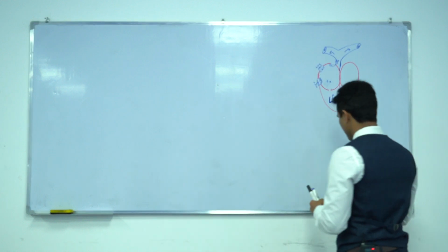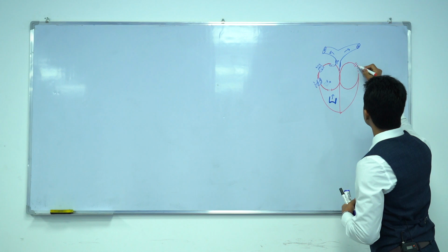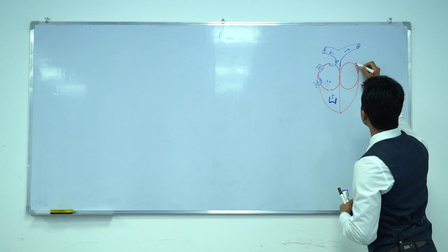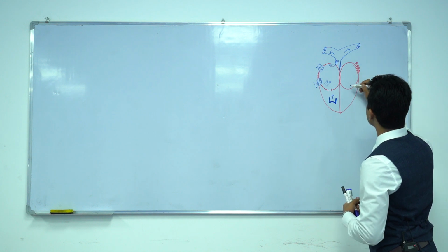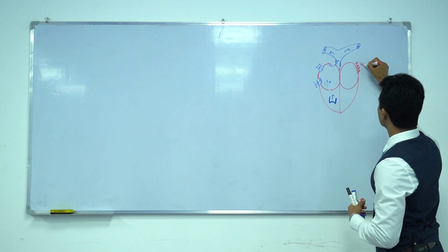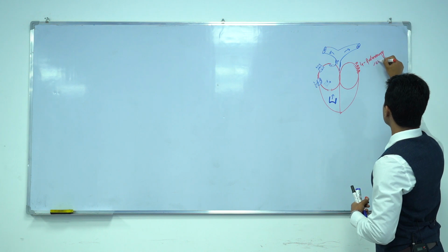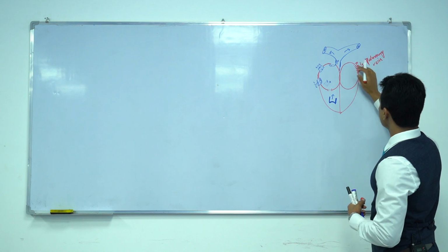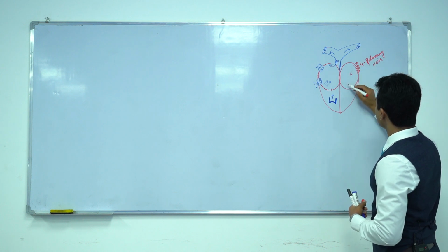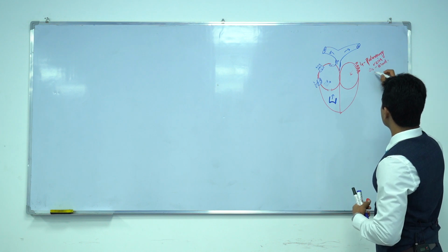So these are the 4 pulmonary veins, 2 from each lung. This is now the oxygenated blood, okay?